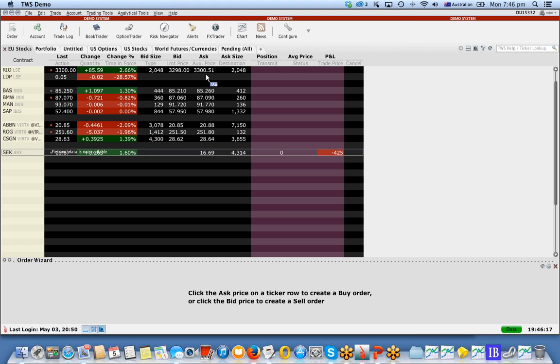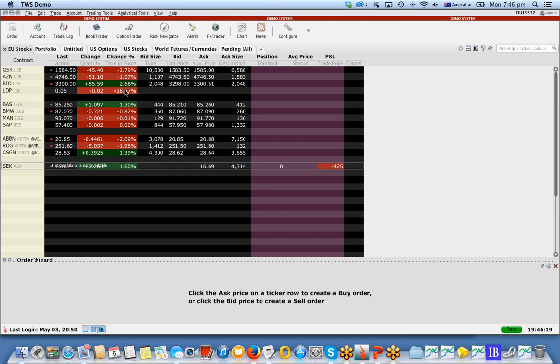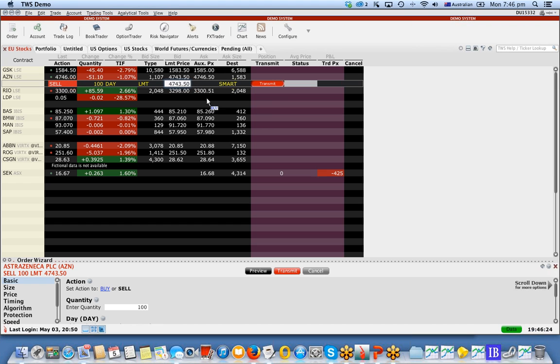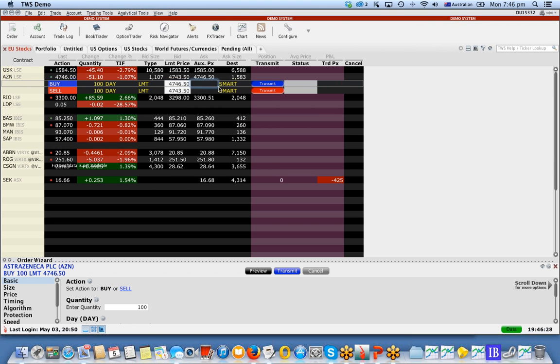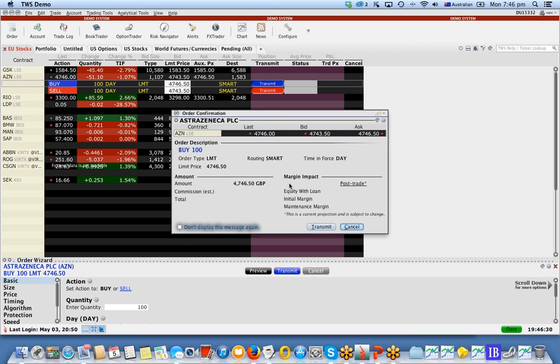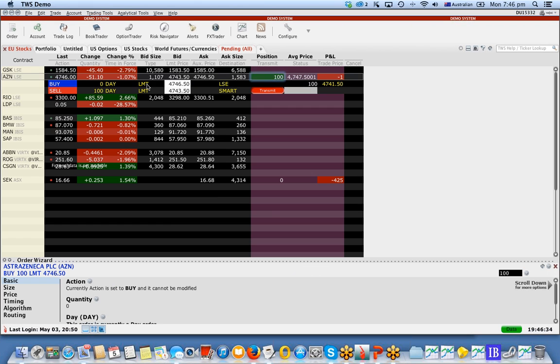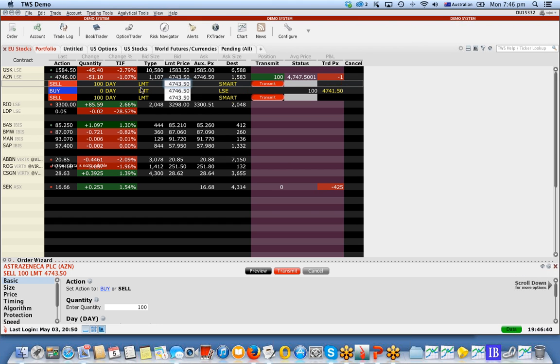So let's take Rio here, for instance, and presumably, we actually need to have a position to put a stop loss. So let's just buy 100 shares, and okay, we just did it. So you've got a position of 100, and now we would like to place a stop.